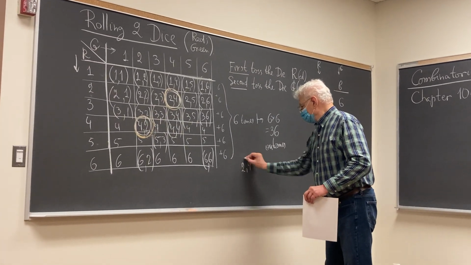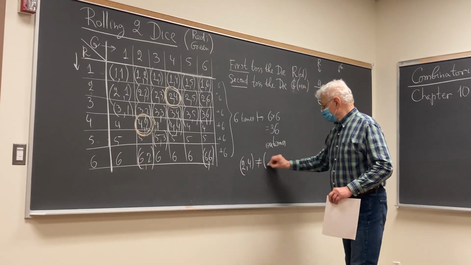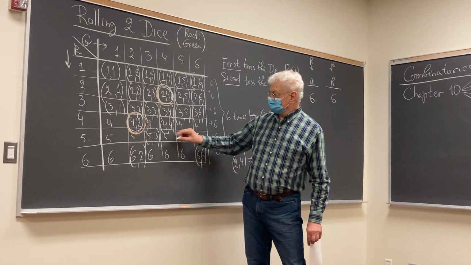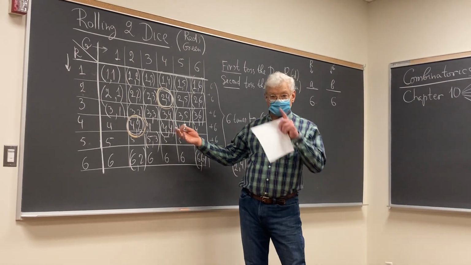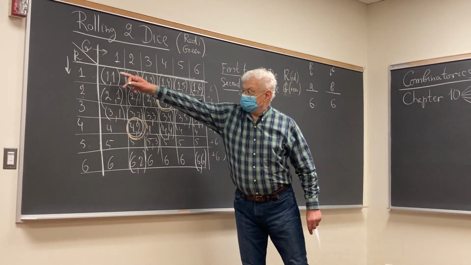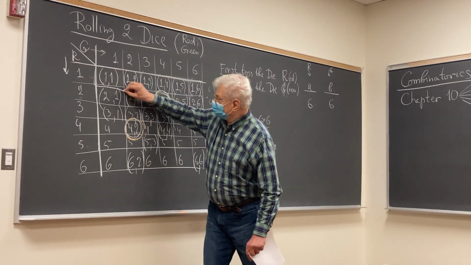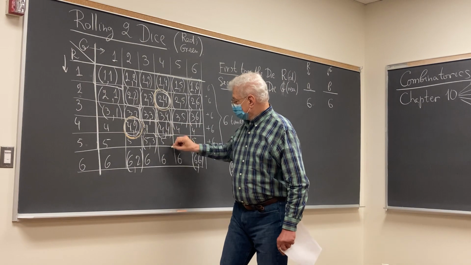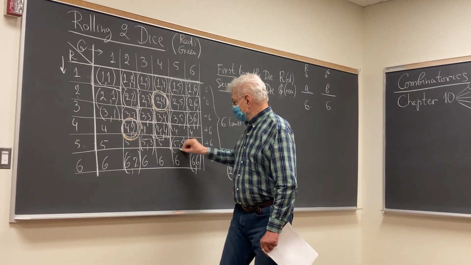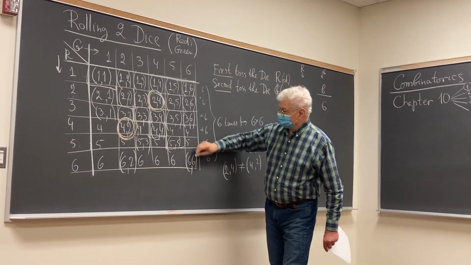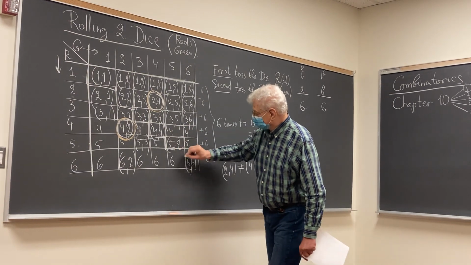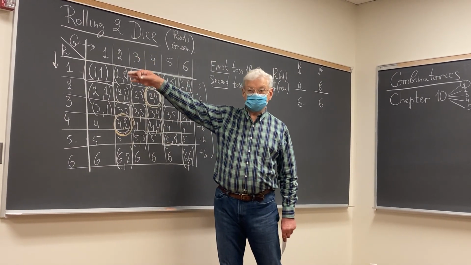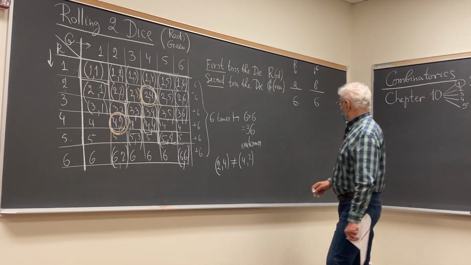So 2, 4 is not the same as 4, 2. But if you take, for example, 4, 4 and exchange those, it will be the same pair. So it's written on the diagonal. On that diagonal, you have equal numbers, like 5, 5 and 6, 6, and you have only 6 such outcomes.